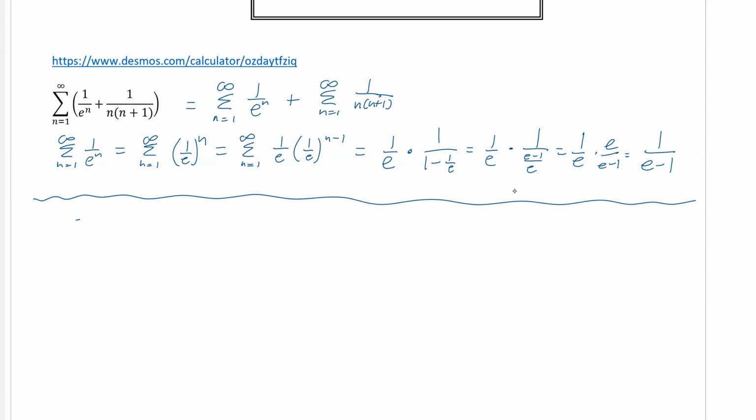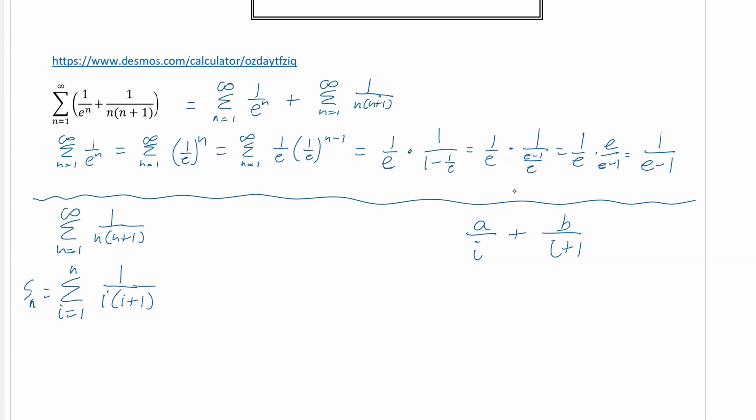Now the next one is a partial fractions. We're going to look for that telescoping series to see if we can find out what it works. But first we need to have our partial sums. So i equals 1, we need our s sub n basically. And then this would be 1 over i times i plus 1. Then we use our partial fractions. So we're going to have a over i plus b over i plus 1.